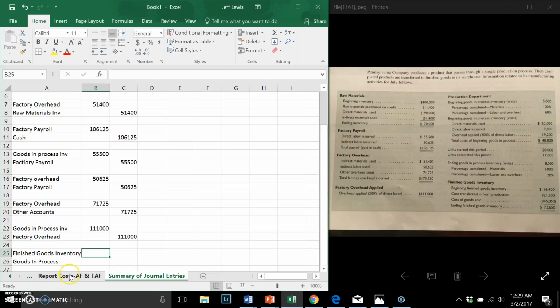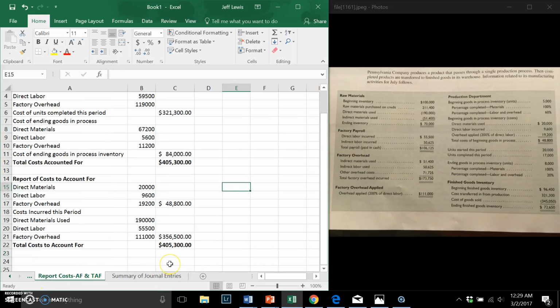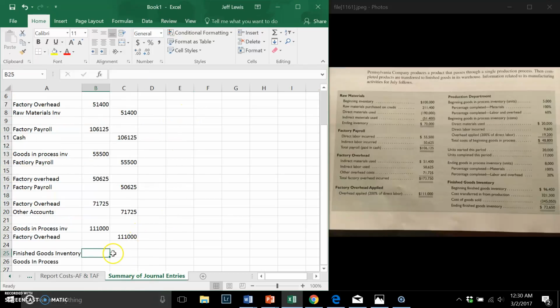If we look here, you have cost of units completed this period, 321,300. That's where that number comes from. And since the units are completed, you're moving them from your goods in process to your finished goods inventory. That's why one is debited and the other is credited.